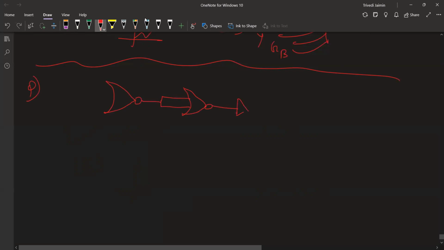You guys understand, because I'm not able to draw properly. Y, input A and B. Is this OR gate, NOR gate, NOT gate, AND gate? Find out.